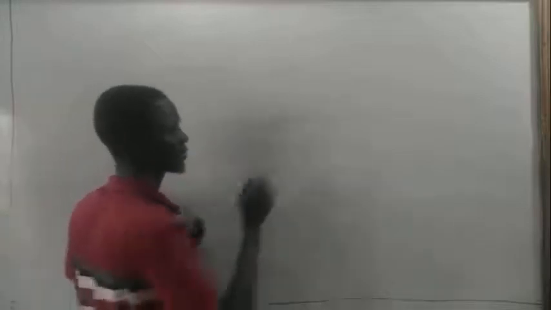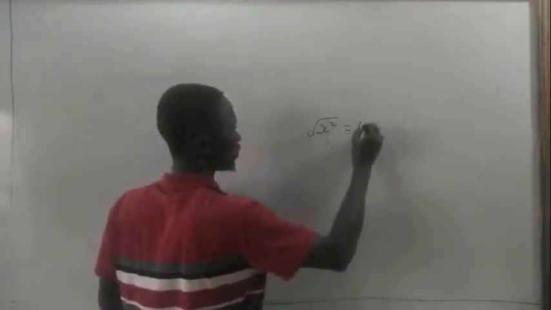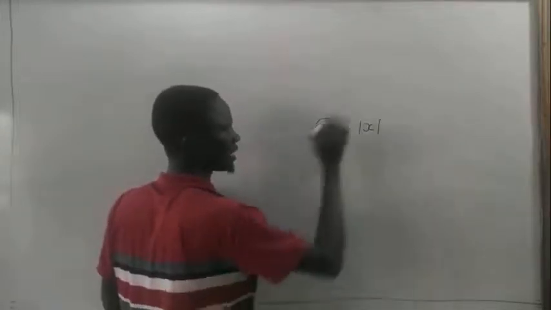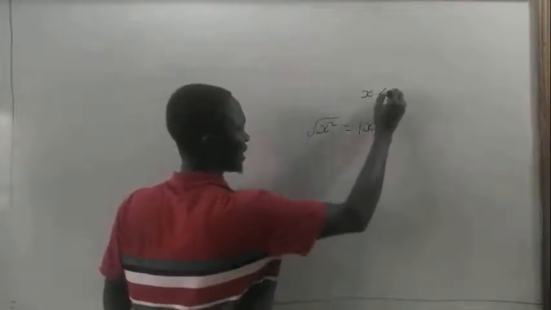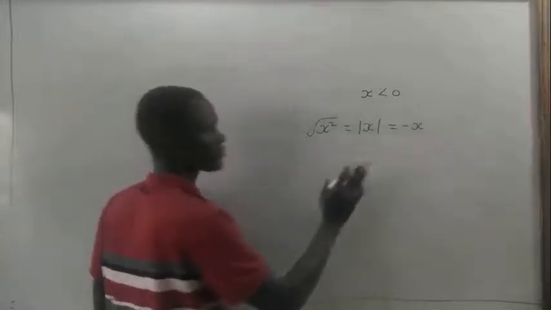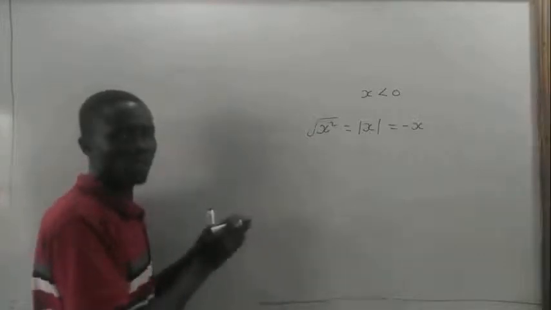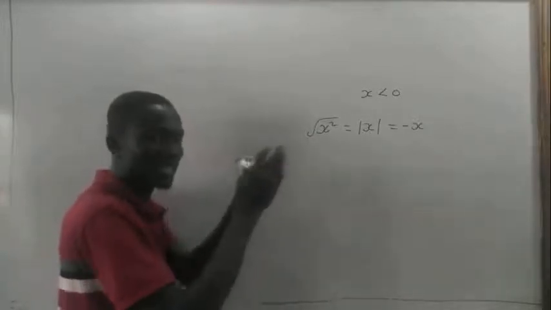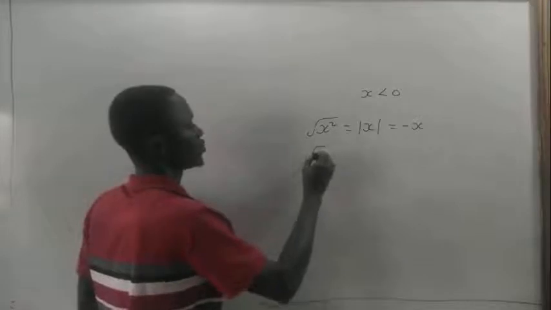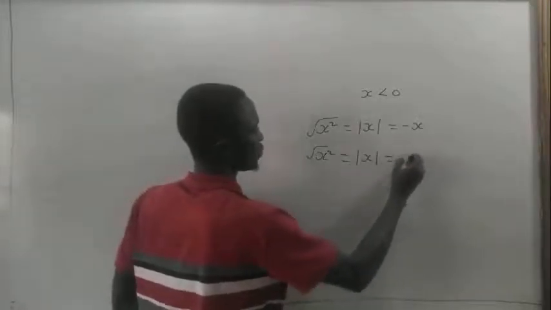So for that question, the emphasis was that the square root of x squared is equal to the absolute value of x. And if we take x less than 0, the absolute value of x is equal to negative x. And if x is approaching positive infinity, the square root of x squared is equal to the absolute value of x, that is equal to x.